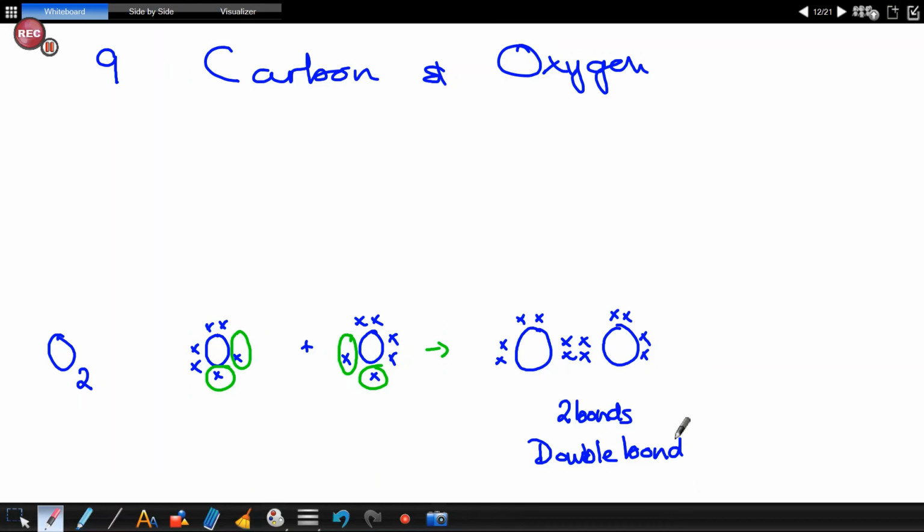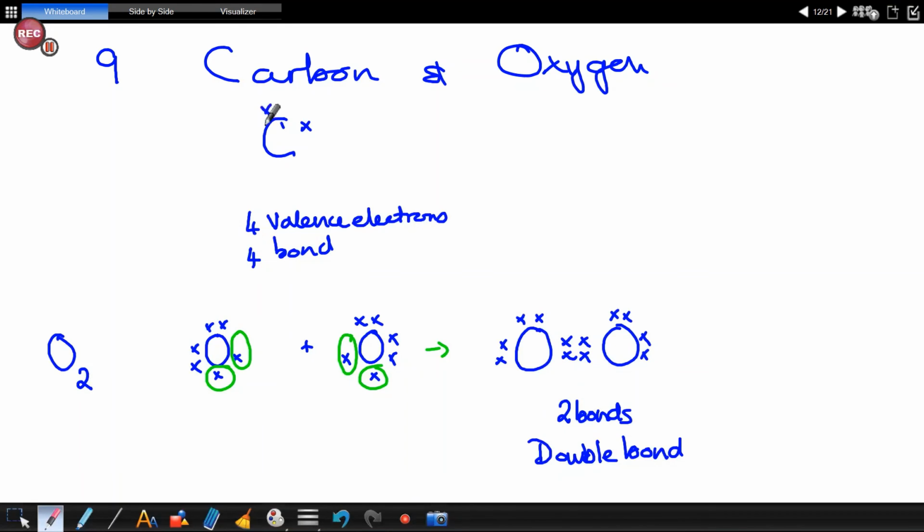Okay, now I'm going to do the next one with you to help you to see that there are double bonds formed between carbon and oxygen. So first of all, carbon has 4 valence electrons and it can form 4 bonds. How do I know that?